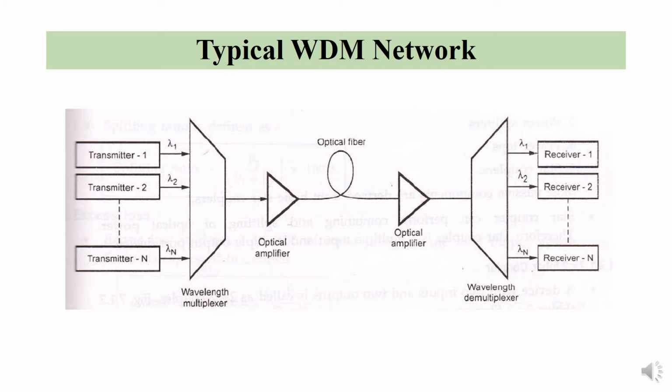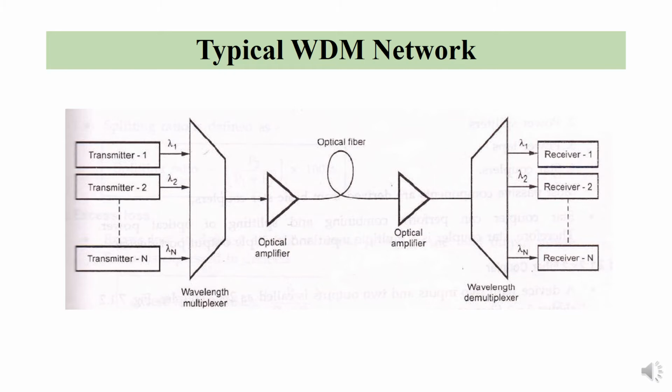Then we have a device called a wavelength multiplexer, or wavelength mux, or a power combiner, where all these wavelengths are combined and you get one multiplexed output which is given to the optical fiber. We can see that we have placed optical amplifiers.